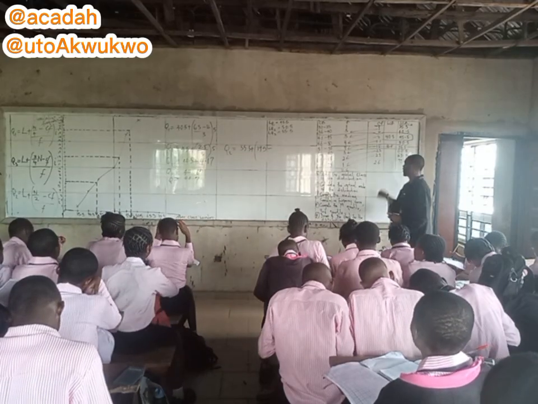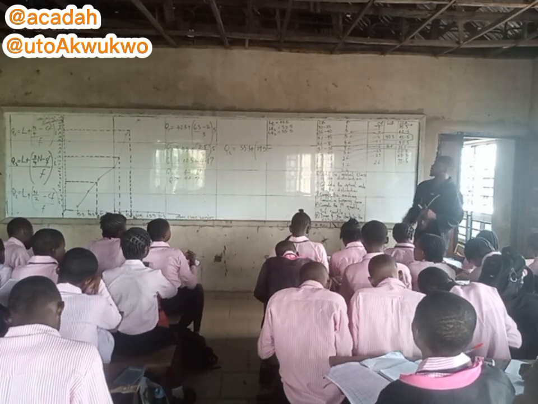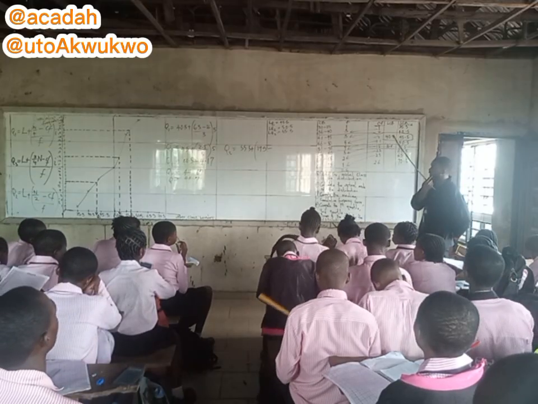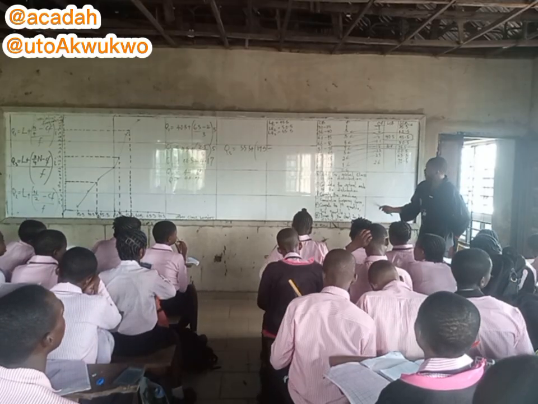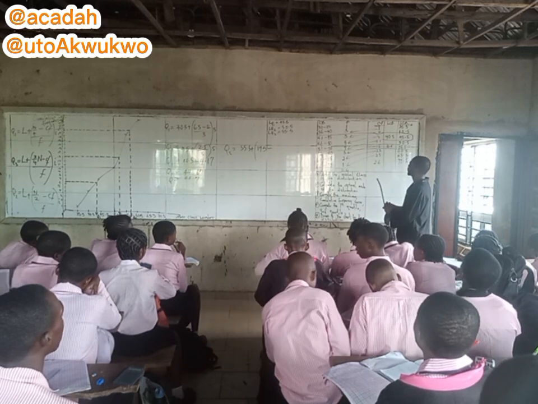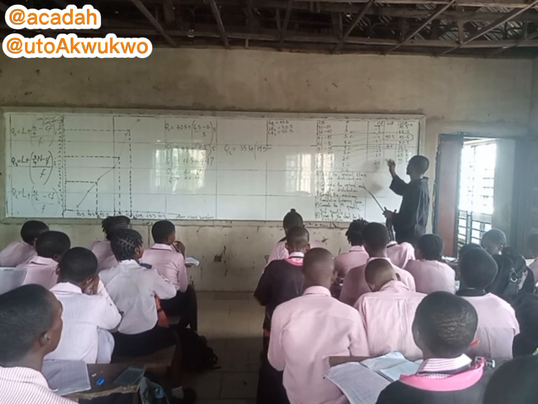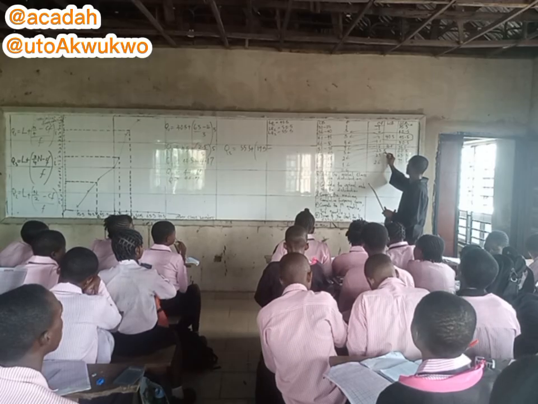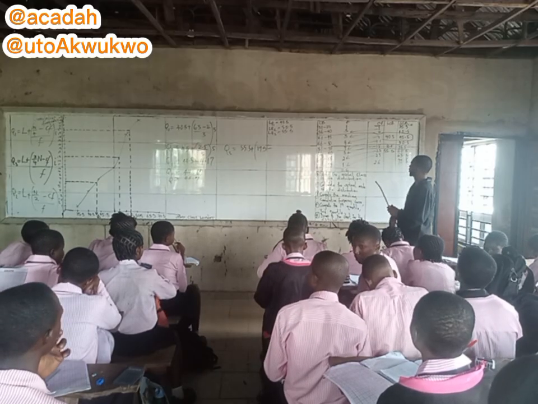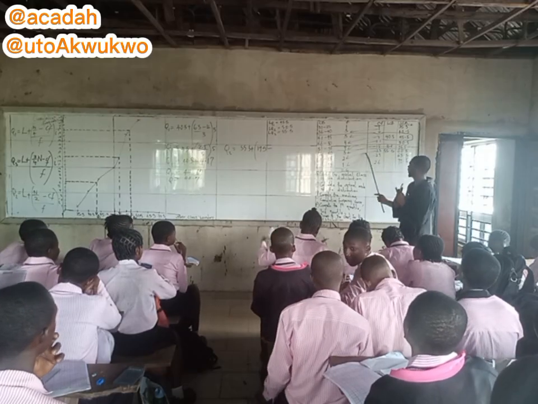Lower boundary is 55.5. Which class has this lower boundary of 55.5? Hello? Which class has this lower boundary to be 55.5?